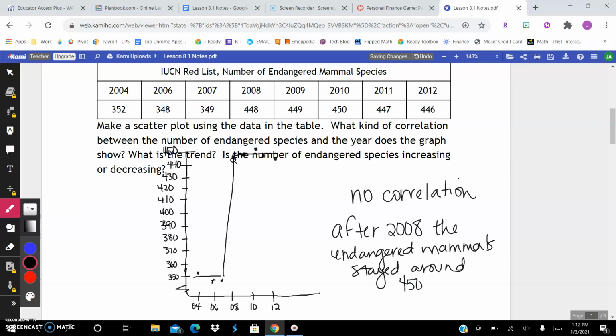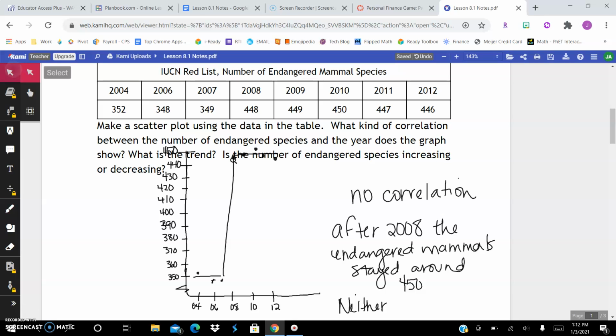And then, is the number of endangered species increasing or decreasing? And we're going to say neither for that, because they're staying about the same.